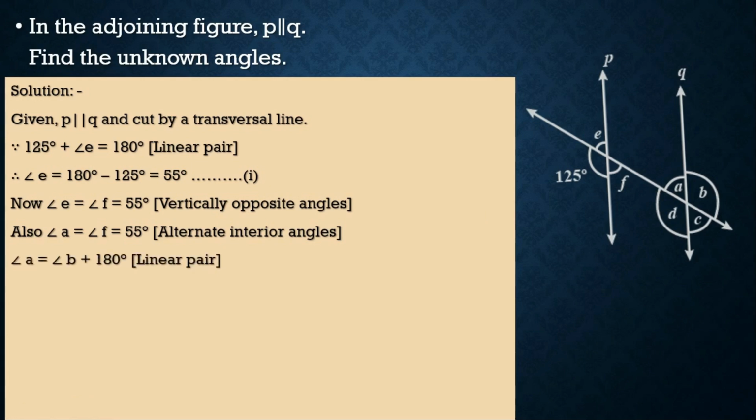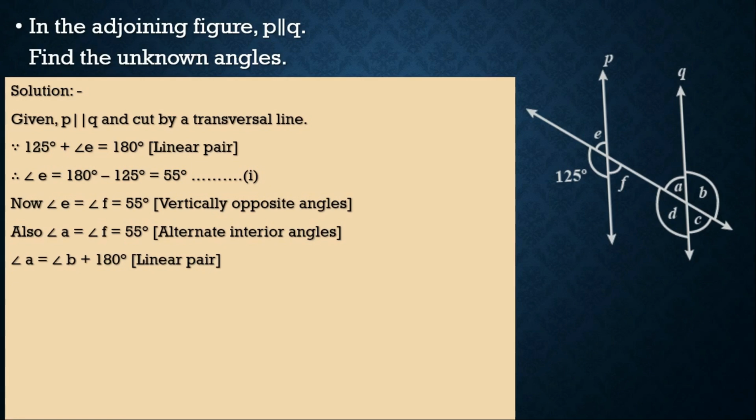Now, to find angle B, we again take a linear pair: angle A plus angle B is equal to 180 degrees, and we know that angle A is 55 degrees.